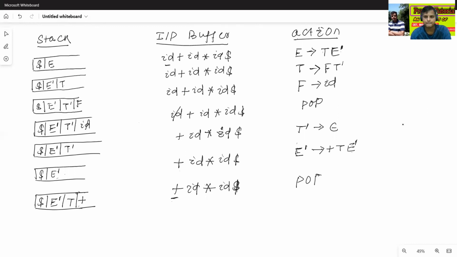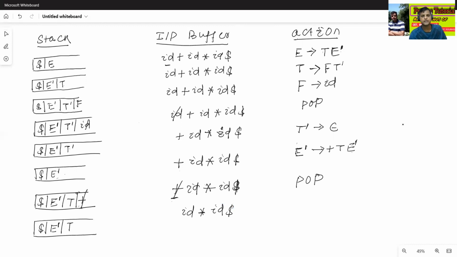So now my stack contains dollar, E prime, T. The input is ID star ID dollar.